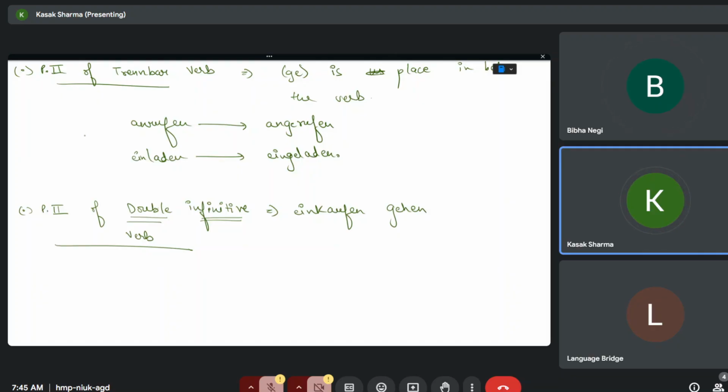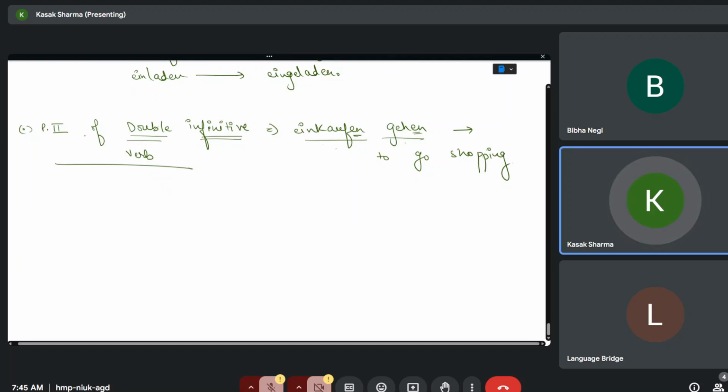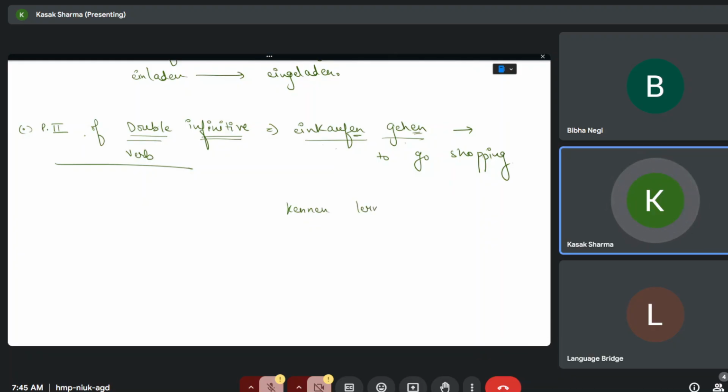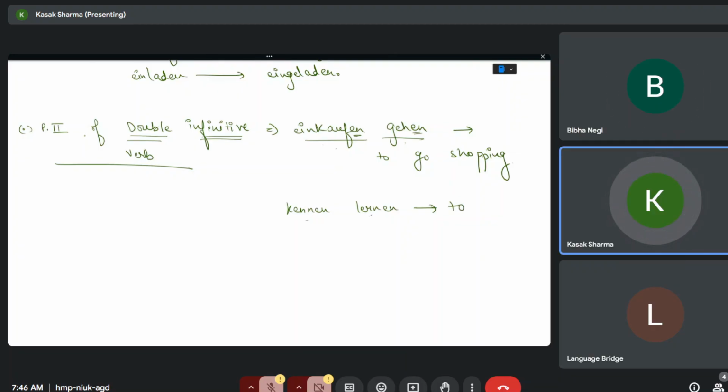Einkaufen gehen is a double infinitive verb. We are using two verbs in their infinitive form, the full form. Einkaufen gehen means to go shopping. Let's say kennen lernen. Kennen means to know and lernen means to learn. Kennen lernen means to get to know.